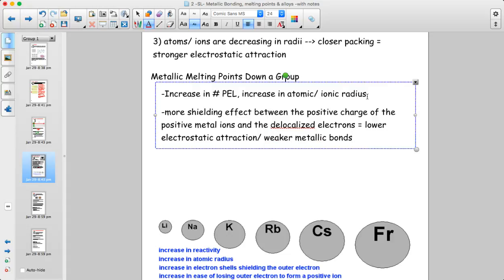The bigger these atoms are, remember the positive charge is all at that center point, the nucleus, and you can see that as the atoms become much, much bigger, there are way more electrons shielding that positive charge. So the delocalized electrons on the outside of those core ions are not going to be as attracted. As we go down the group, we get weaker attractions, weaker metallic bonds, and so the metals become softer and they melt more easily.